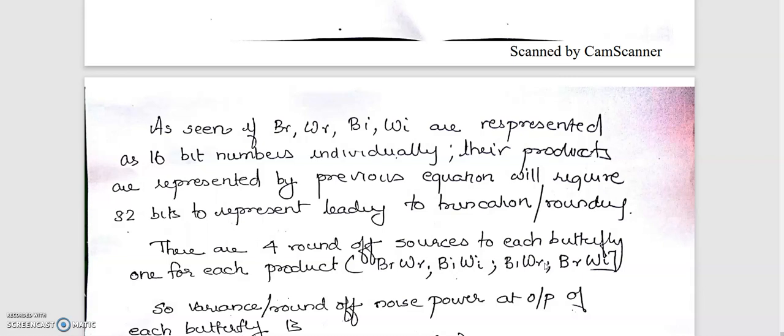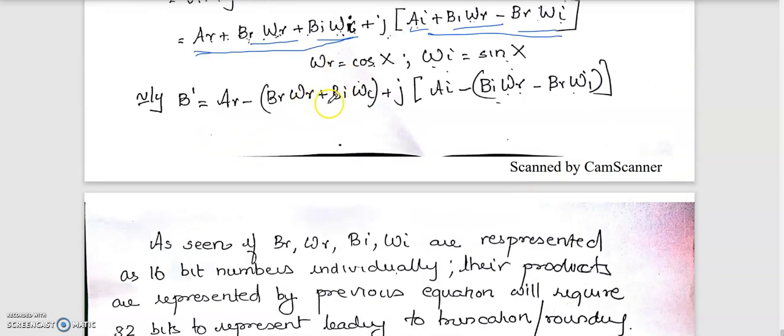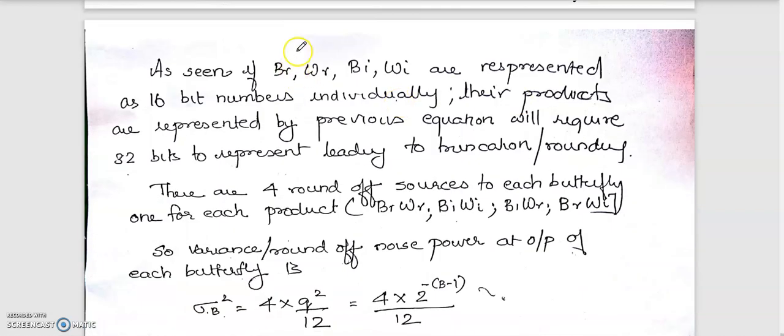The point mentioned here is that these many multiplications are involved: B_R W_R, B_I W_I, B_I W_R and B_R W_I. So these 4 multiplications take place with these individual components, which will result in rounding errors. There will be 4 round-off errors for computing one butterfly, involved in the computation of these 4 components.